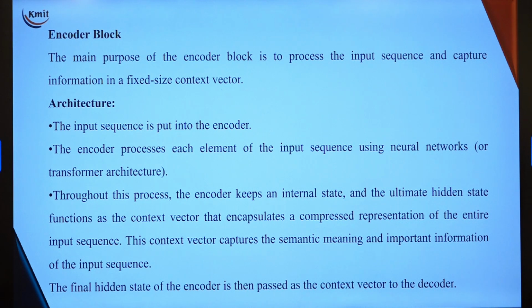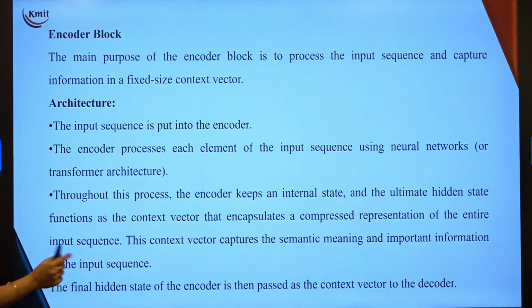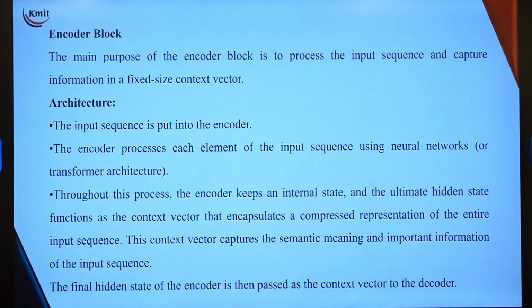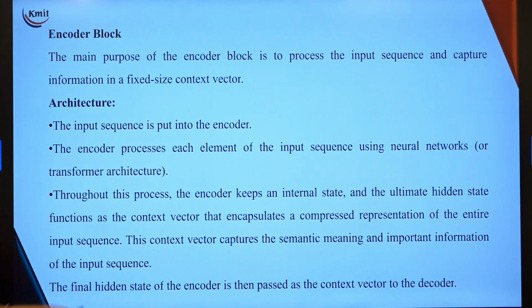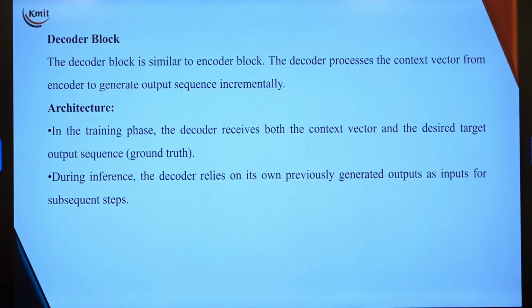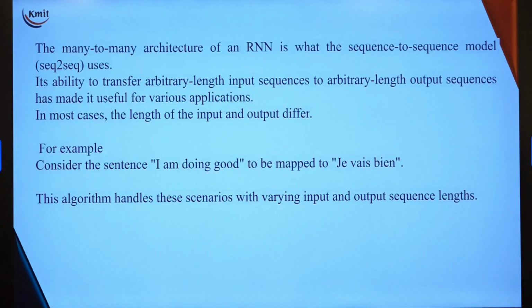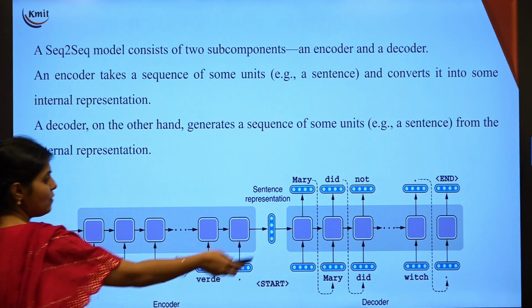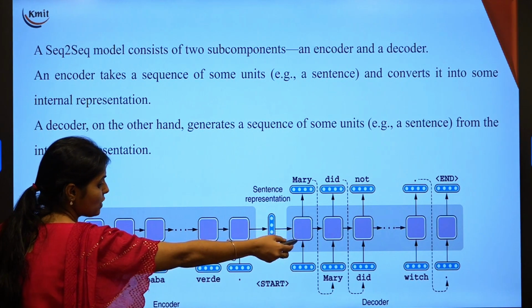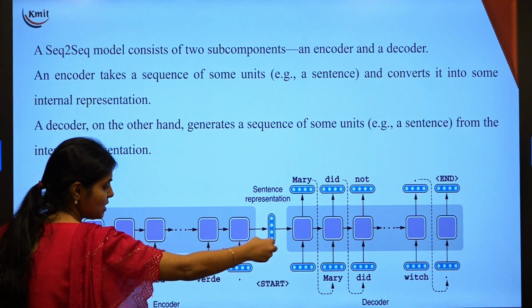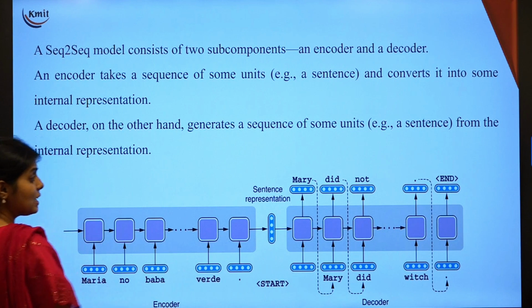So finally, once the context is captured, the final hidden state of the encoder is then passed to the decoder. Now when we look into the decoder, it will receive both the context vector and the desired target. This is important again. The decoder block will have the sample representation of the output along with this representation, the input and the predicted output.